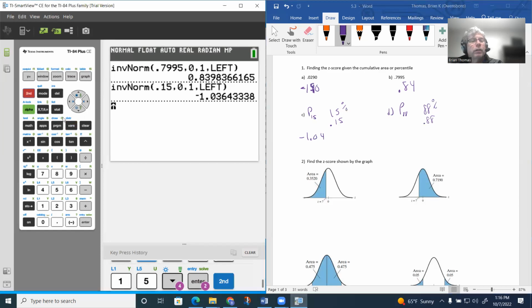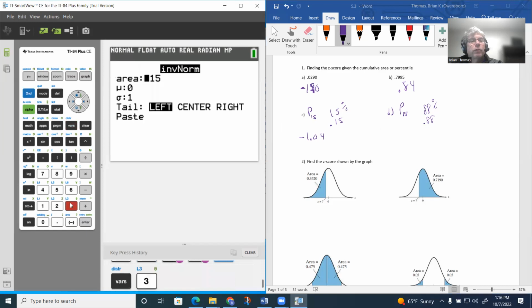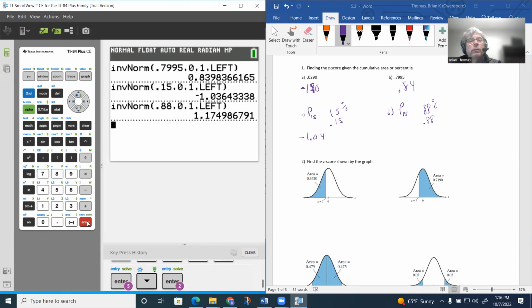So we hit the second distribution, number 3, inverse normal, change it to 0.88, and move on down through there. That gives me this 1.17 as my z-score, because that 4 would keep the 7 as is.